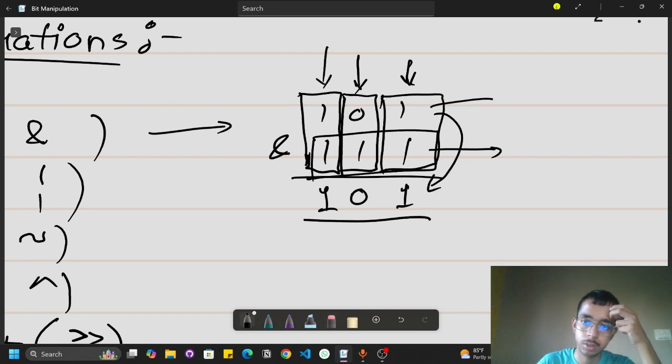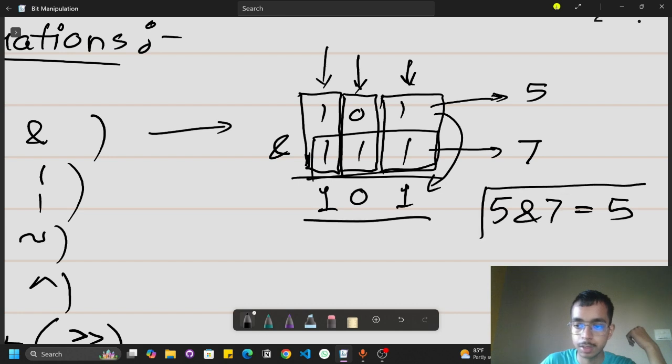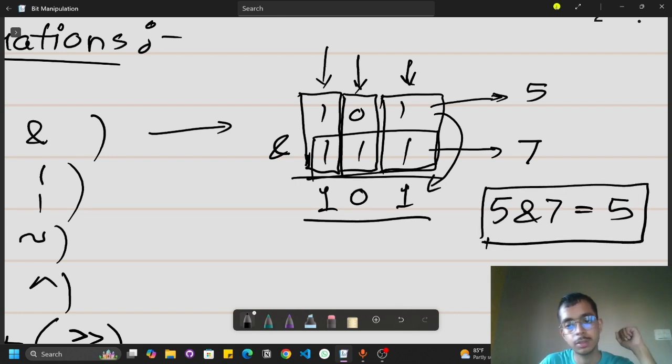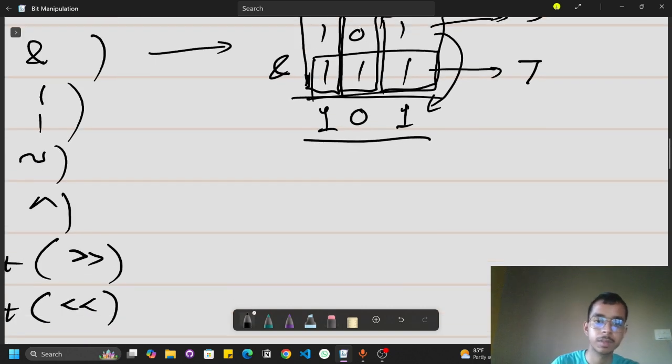So what is this number? It's 1, 0, 1. This is 5. This is 1, 1, 1. This is 7. So 5 AND 7 is actually 5 here. You can check out a few more examples like this, and you will get some really cool results.